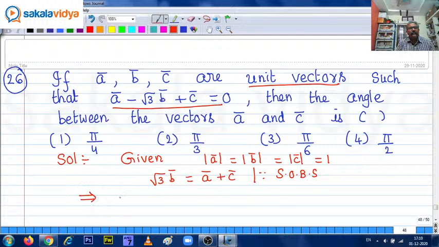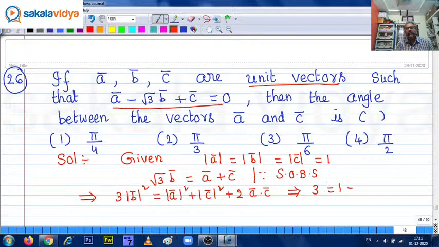This will be 3 mod B whole square. A bar plus C bar whole square is mod A whole square plus mod C whole square plus 2 A bar dot C bar. So mod B is equal to 1, mod A is equal to 1, mod C is equal to 1. 3 equals 1 plus 1 plus 2 mod A mod C cos theta, angle between A bar and C bar.